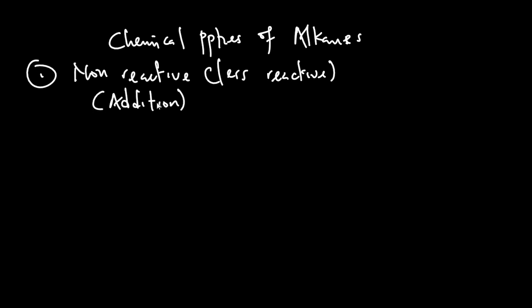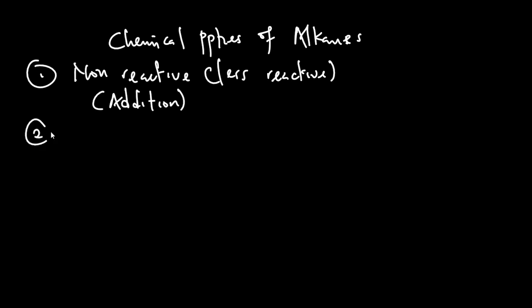Because there is no addition reaction, whenever there is a reaction with other elements, you see that there are no changes at all. For example, bromine water, which is used to test alkanes, does not react when you react it with alkanes.